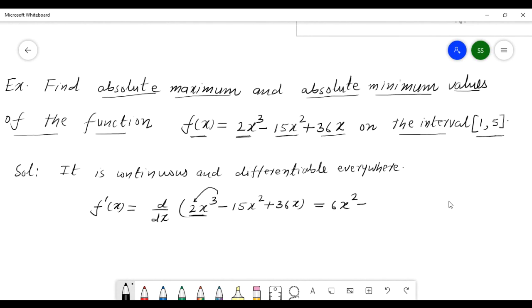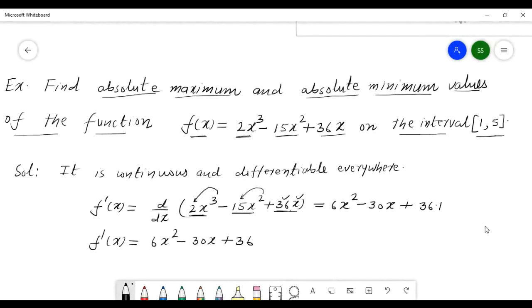And minus, the derivative of 15x^2 is 15 times 2, that is 30, and x to the power 1, so 30x. And plus, the derivative of 36x is 36. So f'(x) = 6x^2 - 30x + 36.